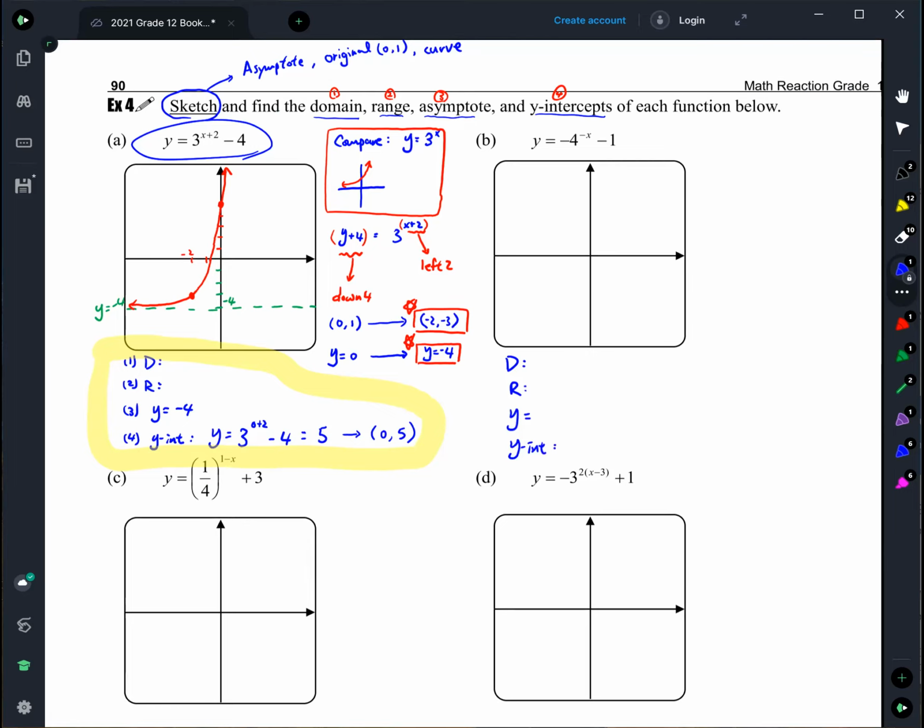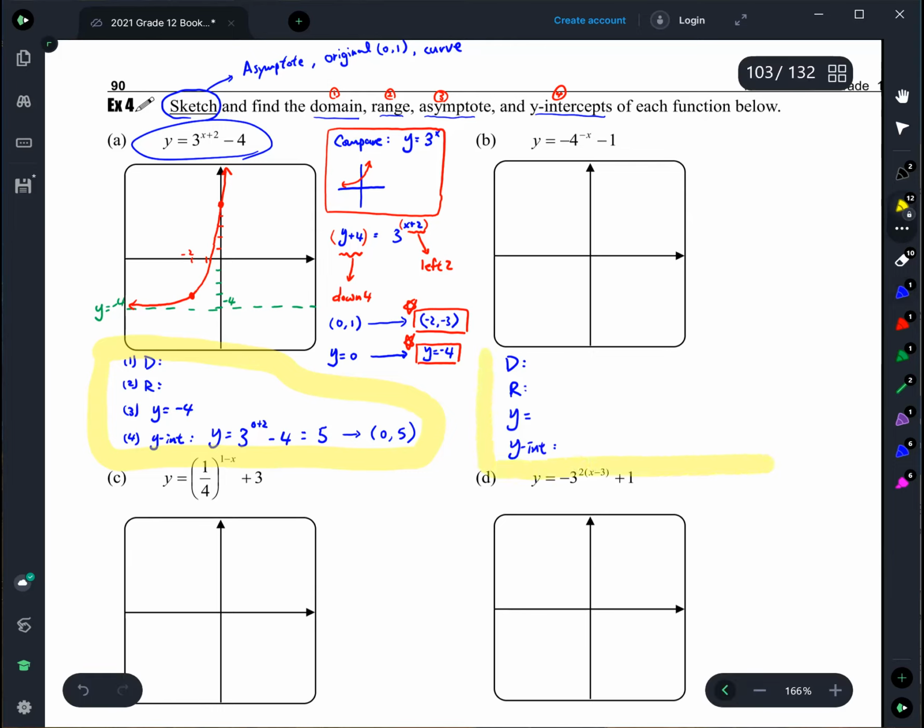Domain is always the same, okay? But range will change because now the graph is at a different place. So this curve, it has the same curvature as y equal to 3 to the x.